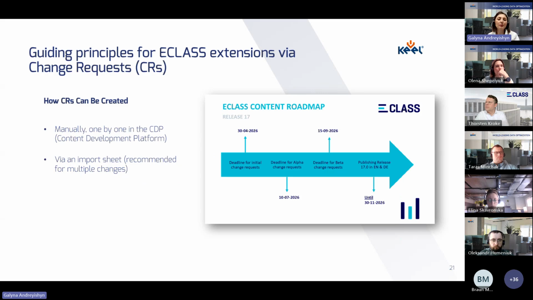Regarding change requests. Change requests, or CRs, are the formal way to extend the standard. CRs can be created in two ways, either manually, one by one, or through CDP, the Content Development Platform, or via an import sheet.